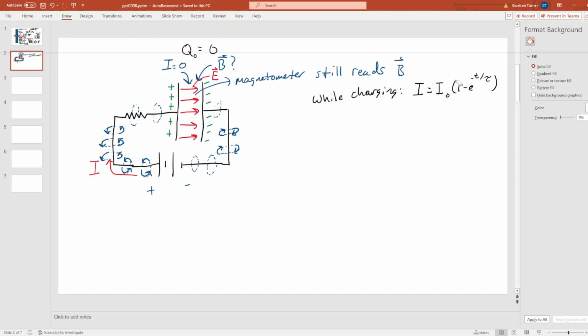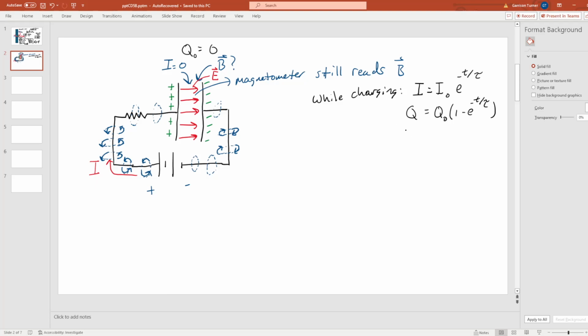Your current is going to be exponentially decaying. It'll start out at your maximum current, and then as the plates charge, it'll die off. The charge on your plates, though, is going to grow. So this is going to be Q equals Q naught, 1 minus e to the negative t over tau.